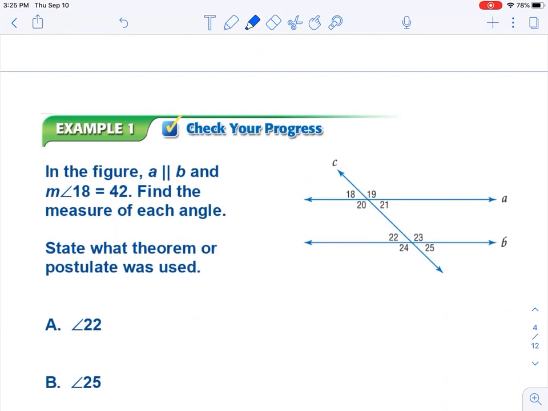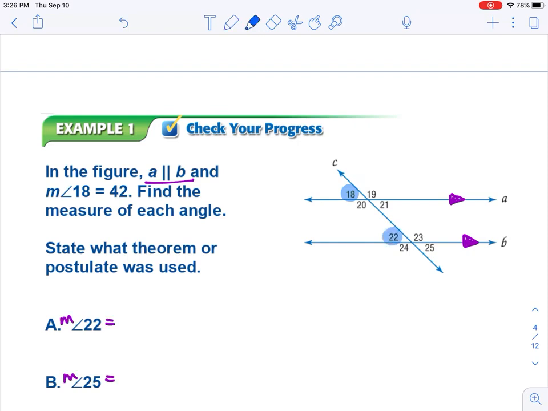This next one's very similar. Notice, we must know that we have parallel lines, so if that's not there for us, we can't actually solve anything. It says here in the figure A and B are parallel, and the measure of angle 18 is 42. We're going to find the measure of each angle, and then state our postulate or theorem.